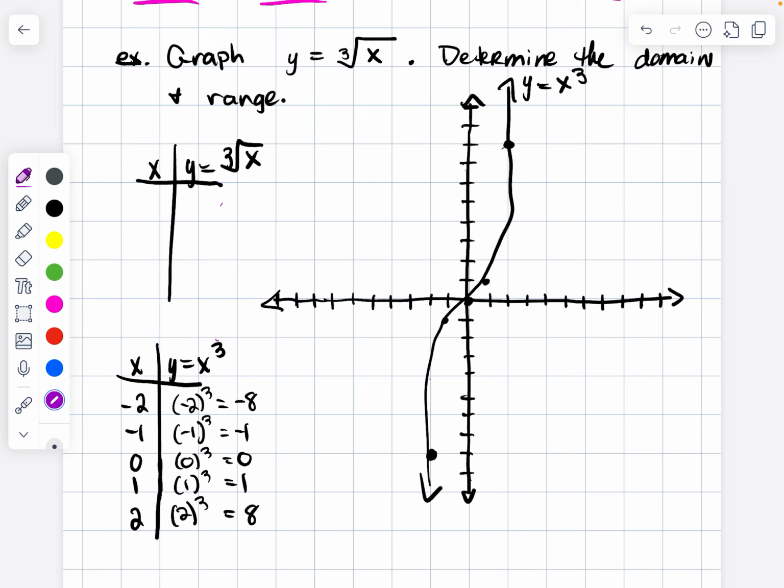Basically, these are inverses, so I can flip and say -8, -1, 0, 1, 8. And without me even putting it in and taking the cube root of -8, I know it's -2. The cube root of -1 is -1. The cube root of 0 is 0. The cube root of 1 is 1. And the cube root of 8 is 2.